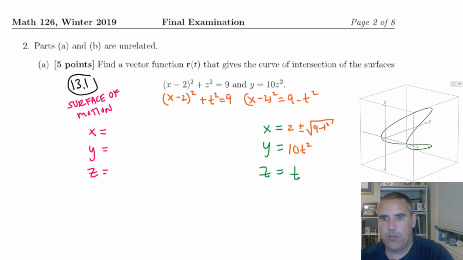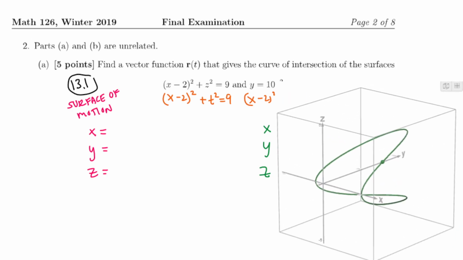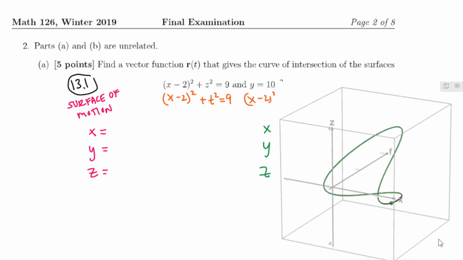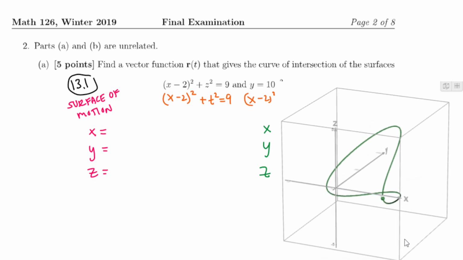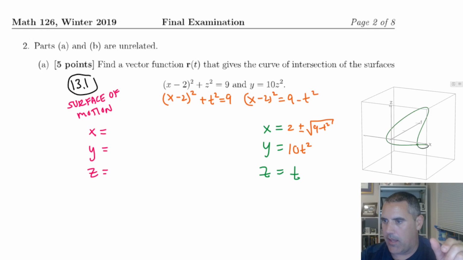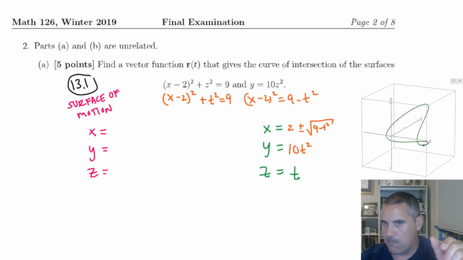You can see that little animation, that dot on there. That would work, but you'd run into a problem: it would stop. It would only do half of it if you didn't do the plus and minus. Watch, you can see it stops, and then it comes back. So that only parameterizes half. If you put the plus and minus in, you do get both, but then you need two different parameterizations, the plus and the minus. Okay, so that was that story.